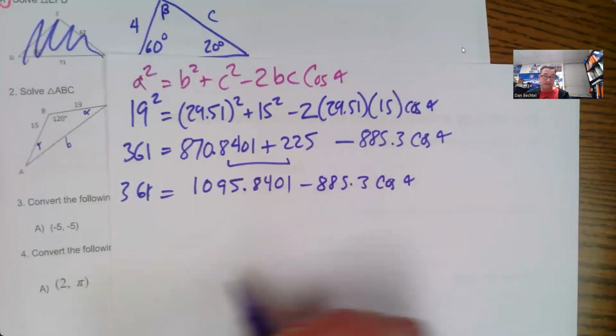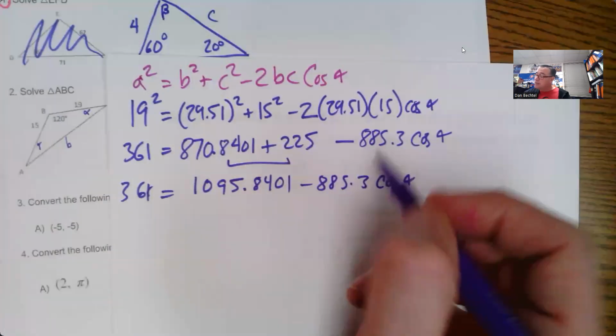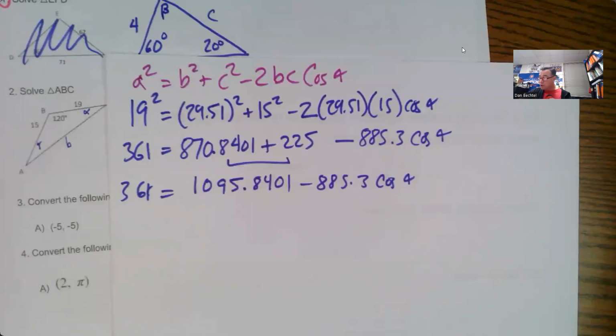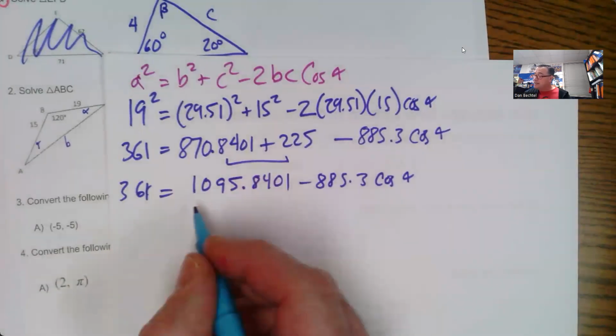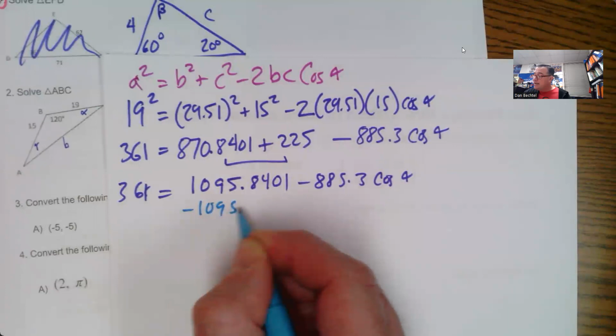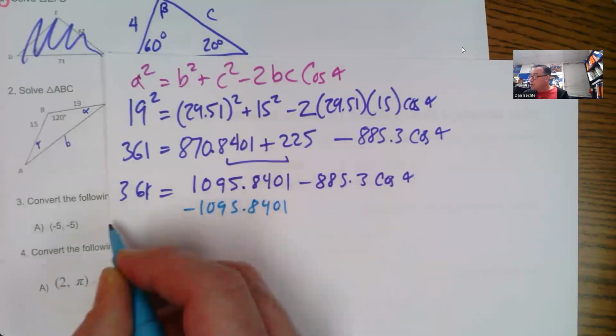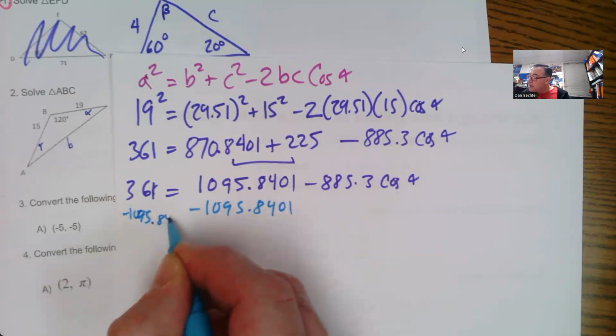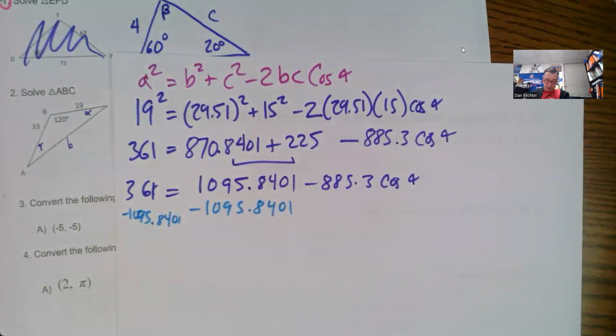Now, I did say some people make the mistake where to solve this, they combine the two of those first and then divide to the other side. We have to remember that that is a coefficient for my cosine. So I am going to have to first subtract this constant that's out here. Again, this is messy math, but it should still work. So we do 361, give me a second.